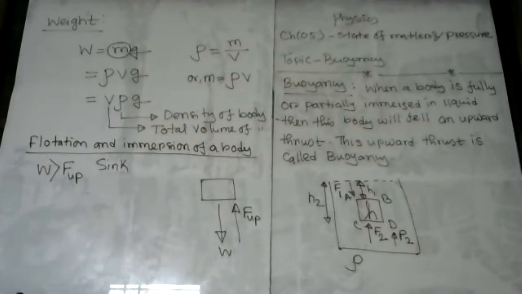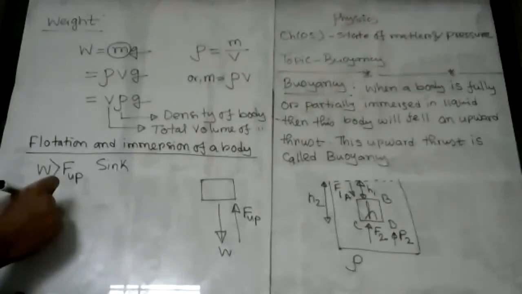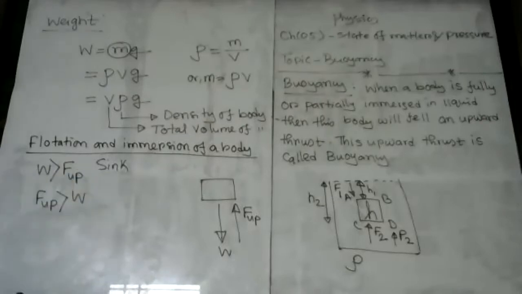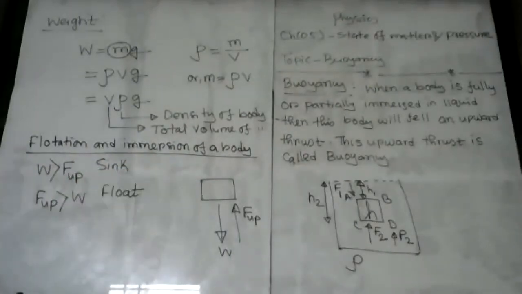In which condition can you say this? When weight is greater than upward thrust, then definitely we can say that this body will sink. And when upward thrust is more than weight, then this body will float.